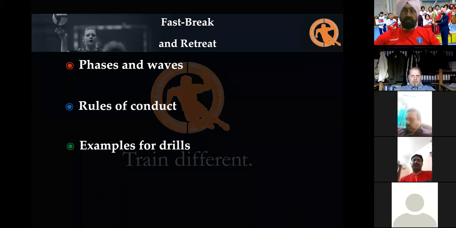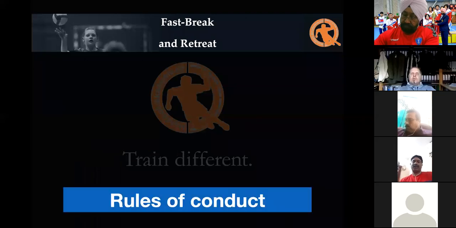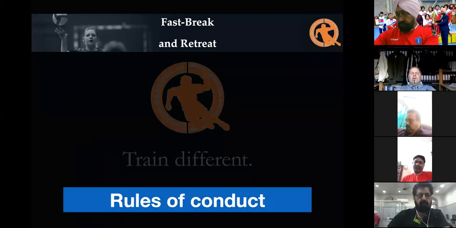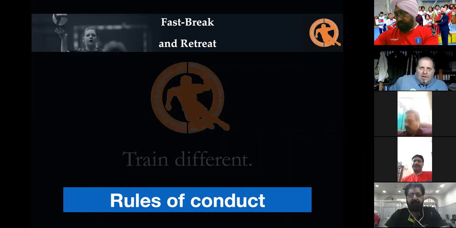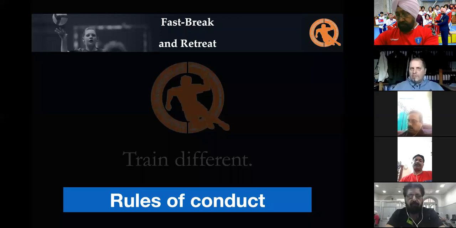Now, if a game is really fast, we need, this is our next chapter, rules of conduct for the players, how to move, how to behave, how to make the decisions. And these rules of conduct for the players must be really easy, because when we go for fast break, the players are moving very fast.